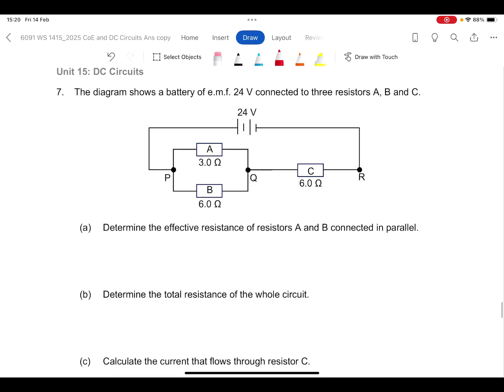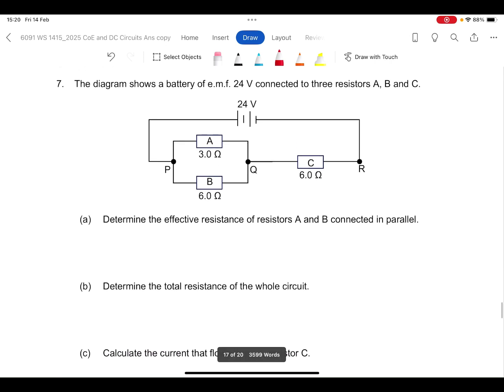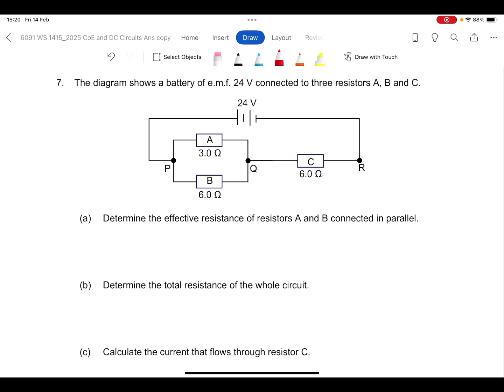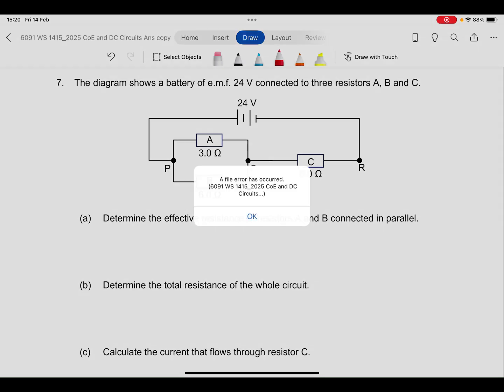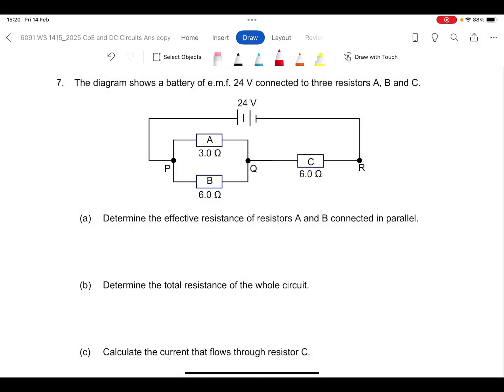Question 7. We have 24 volts for this whole circuit. As a circuit, you must identify whether it is a series or parallel circuit.